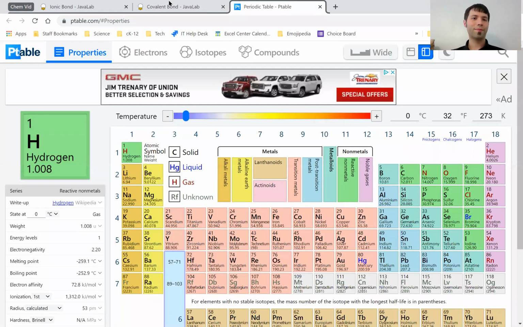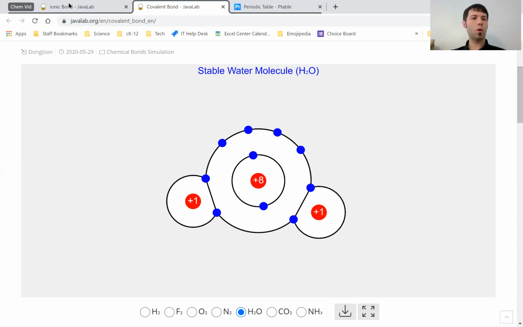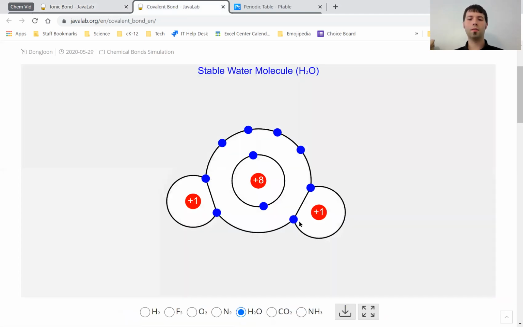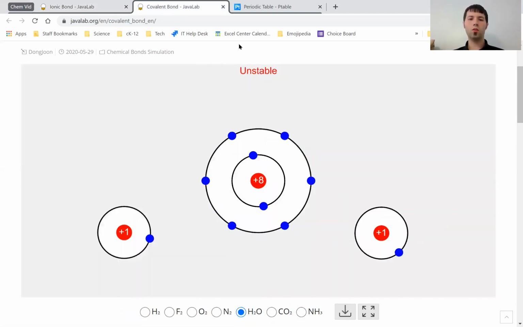Okay, so what we're going to look at today is what determines whether two atoms make an ionic bond or a covalent bond. Well, that all goes back to the concept called electronegativity.